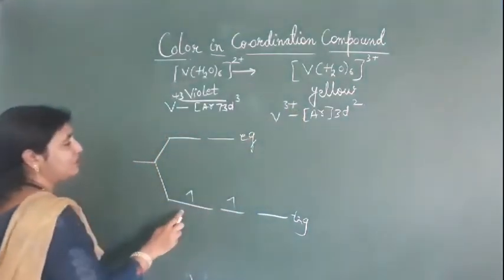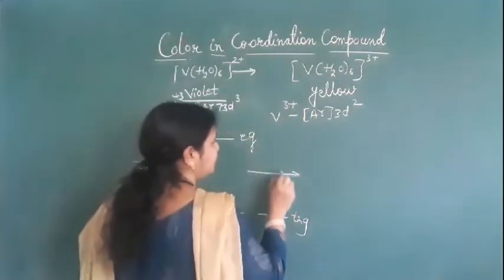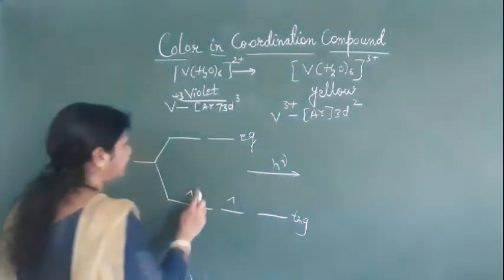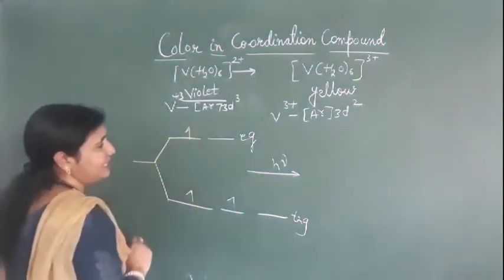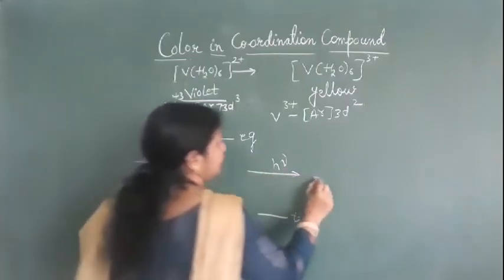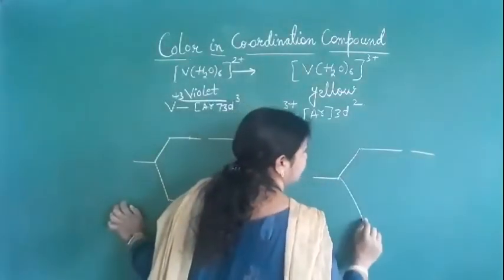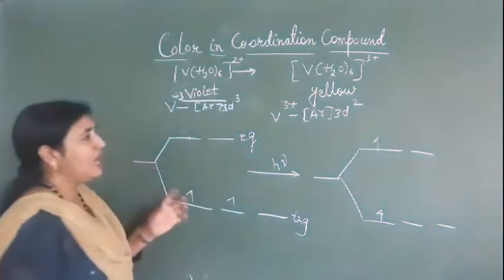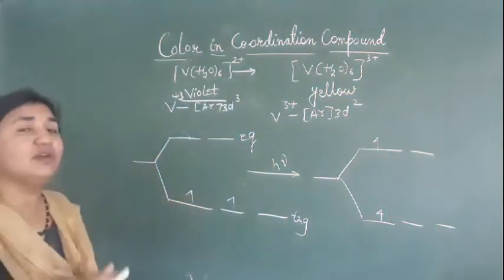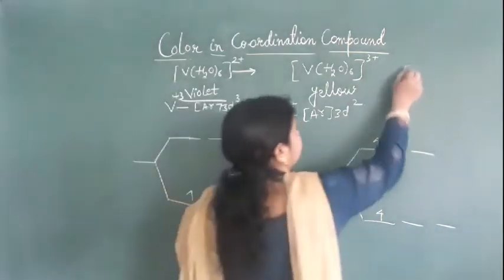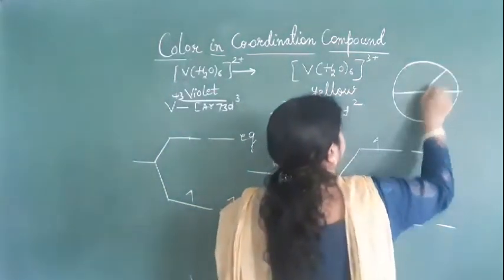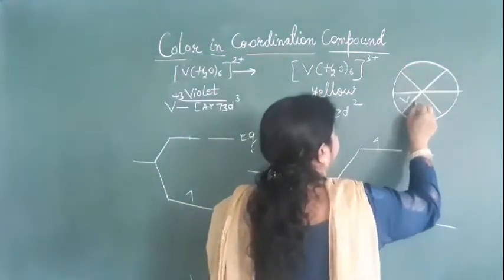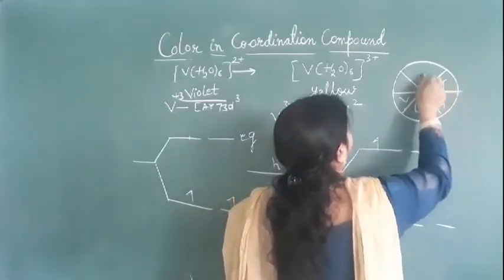So 2 unpaired electrons are there, and when light passes through this substance, 1 electron will jump to the higher energy level. But this gap is more, the splitting is more. That's why they will absorb the high energy wavelength, that is violet. This is our color wheel: violet, blue, green, yellow, orange and red.